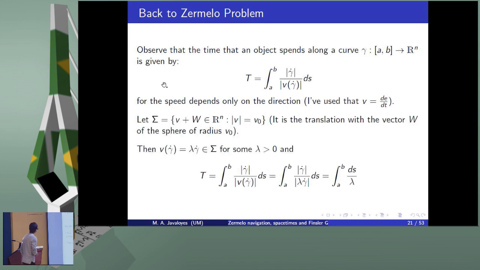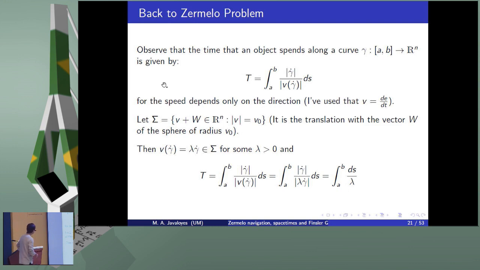Now you can define sigma, the surface of velocities. The surface of velocities is all the vectors in a sphere of radius v0, plus the wind. W is the wind. So basically you have a translated sphere. It's a sphere which is not centered in zero. Sigma is a sphere not centered in zero.